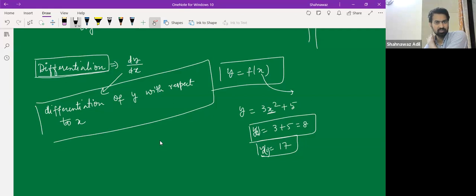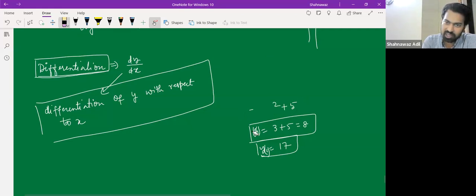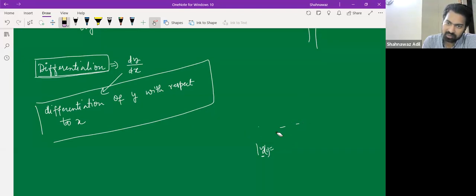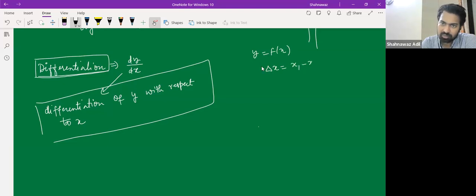What does it tell us? Let's say you want to calculate the change in y. You understood that y is a function of x, and if I change x, the change in x would be delta x, which is x2 minus x1.